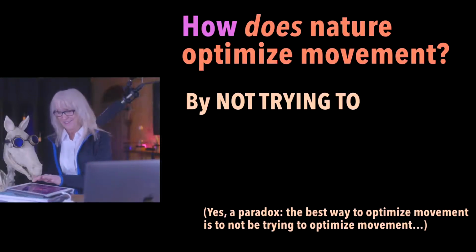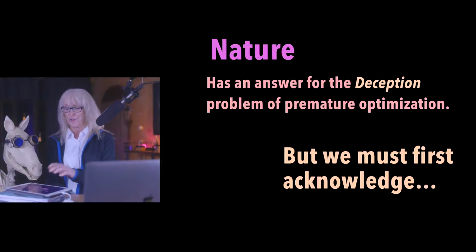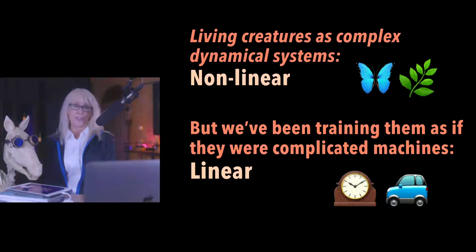Yes, that's a paradox. But before we can understand that really, and get your brain around what that means and how to use that and how these scientists have used it, we have to think of the movement system from any living creature for what it is in biology. We are complex, dynamic systems following, quote, non-linear rules of nature, not linear.